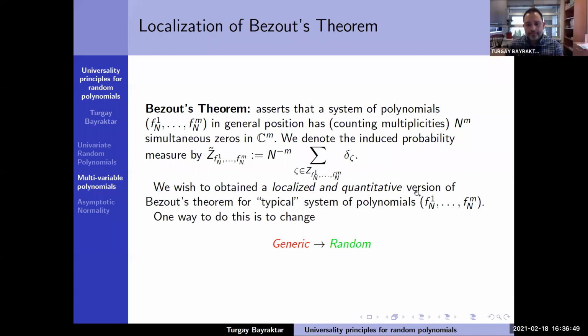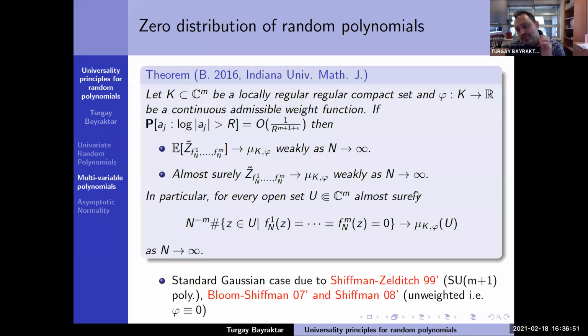Now we can state this theorem in higher dimensions. So we choose a compact set. This theorem has some generalizations, but I'm going to state something that reflects the basic examples.